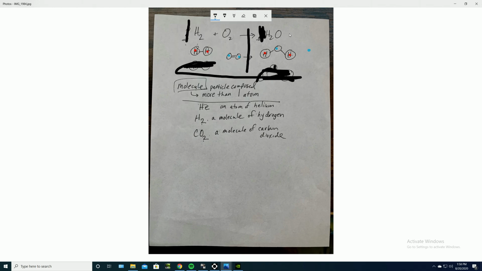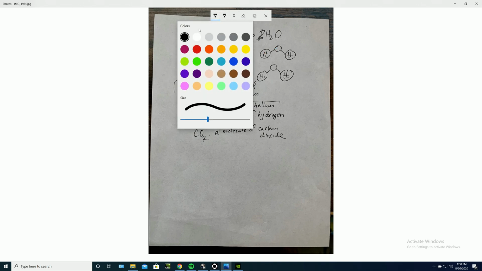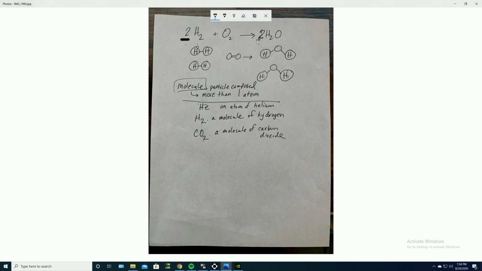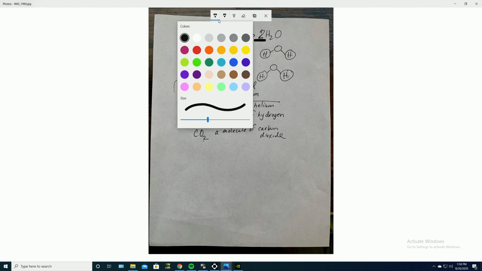Now, this would be okay if the chemical equation said plus O, but since we do not have the plus O there, that means we are technically destroying matter, since you just have the singular oxygen here that isn't mentioned in the equation. So what you need to do is add these 2's here. The reason you do this is to balance the equation.